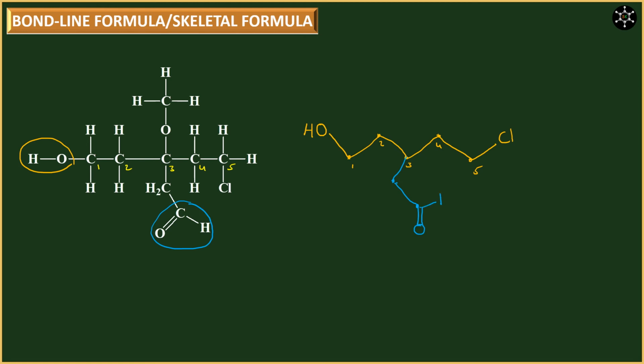So, hydrogen. On the other side, on carbon 3, we have an oxygen connected through a single bond. On this oxygen, we have 1 carbon atom connected through a single bond. So, 1 dot connected through a single bond. This is the skeletal formula for this molecule.